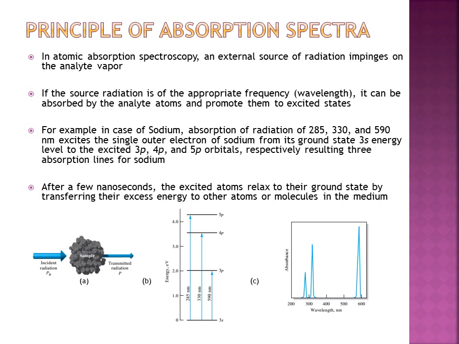For example, if we talk about sodium, we know that sodium has only one valence electron. So when we are using the source of sodium, radiations fall on the sample containing sodium. Its valence electron that is present in 3s might be excited towards 3p, 4p and 5p by the absorption of radiations of wavelength 285, 330 and 590 nanometer.